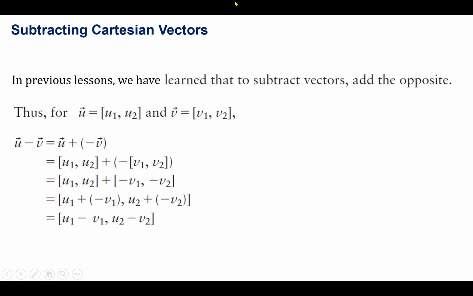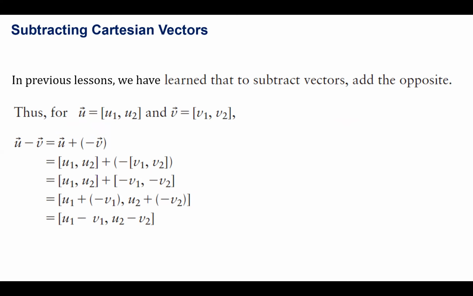Okay, then let's have a look at another operation, which is subtracting Cartesian vectors. In previous lessons, we have learned that to subtract vectors is actually to add the opposite vector, right? Thus, for example, if u equals u1, u2, and v equals v1, v2, u minus v is actually u plus negative v, right?